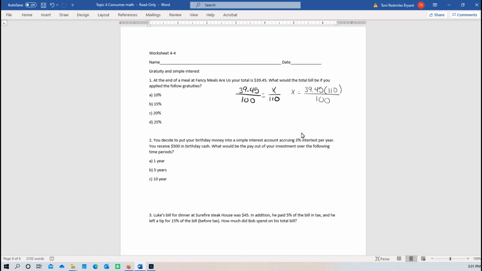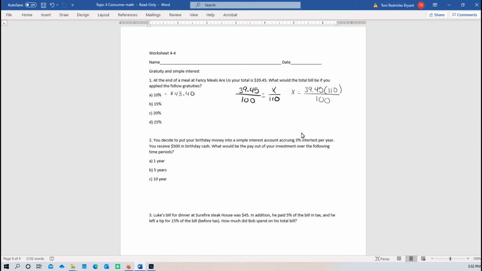All right, and if I do all that math and round up to money, my total bill will be $43.40. Okay, so that would be for the first one.